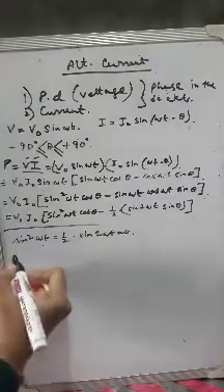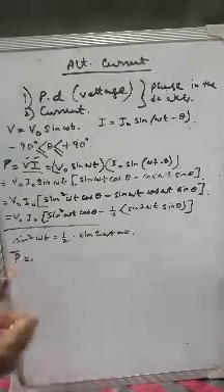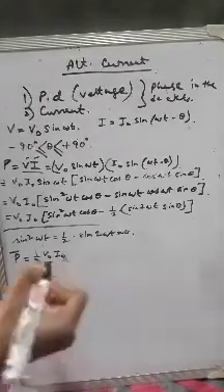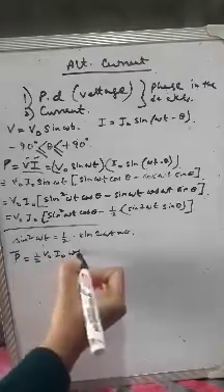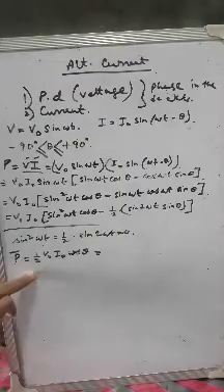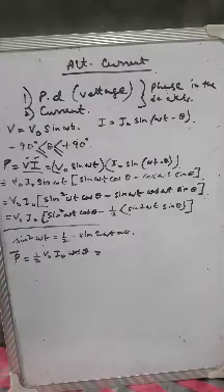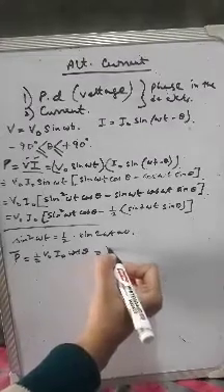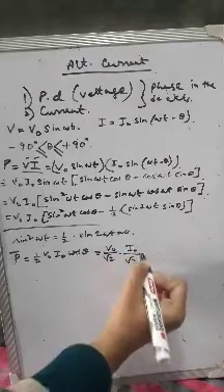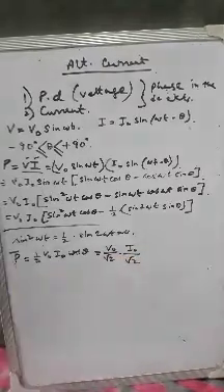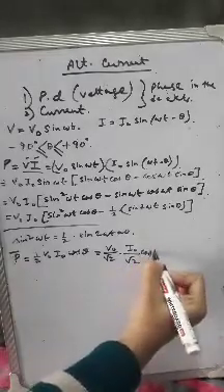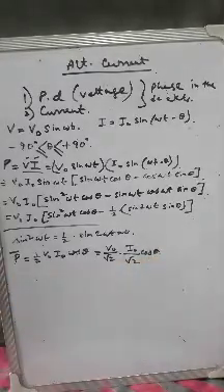So the average power, how to denote it? By P bar equals half V naught I naught cos theta, which is equal to, as we have seen in the class, V naught by root 2 into I naught by root 2 cos theta. I have shown you this part, I'm not going to repeat it again.